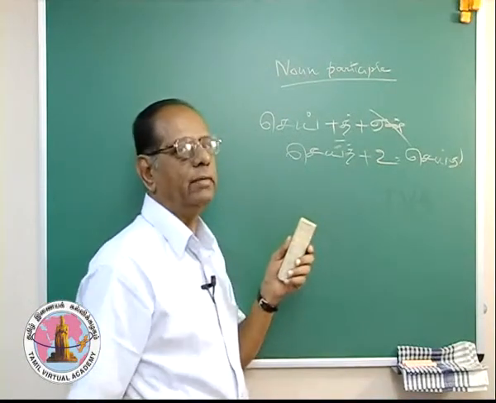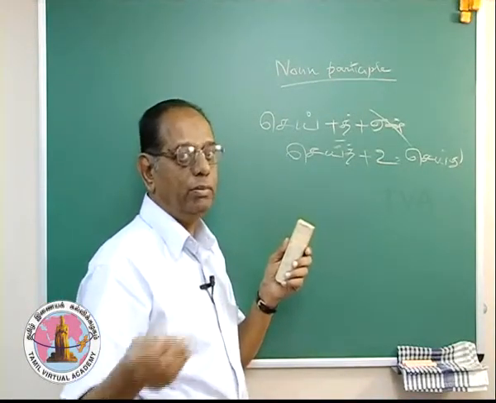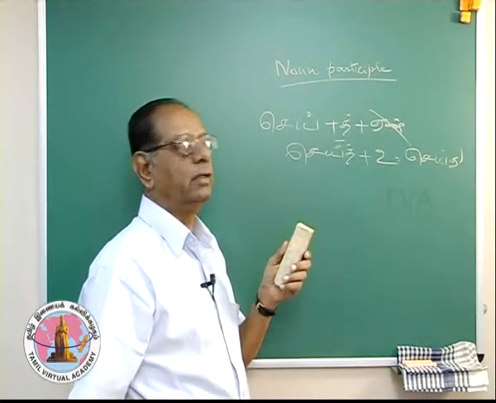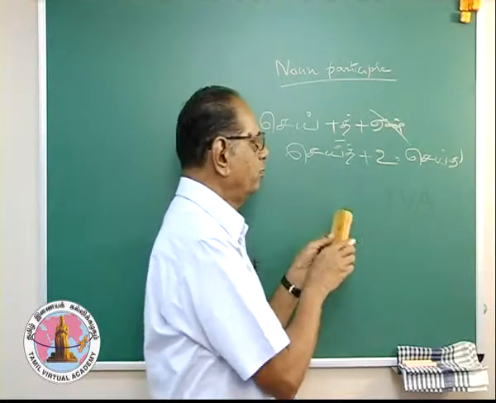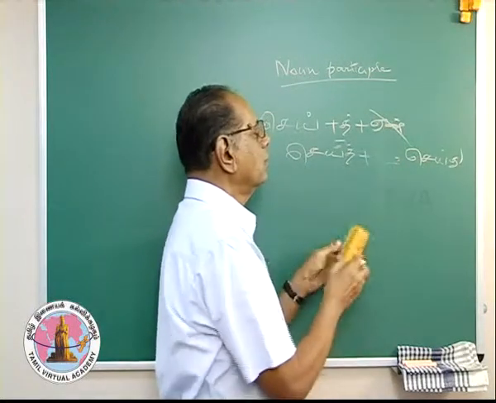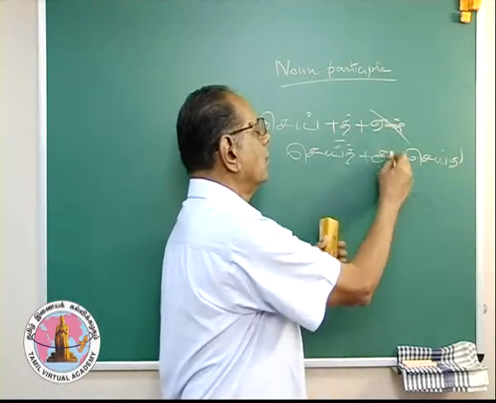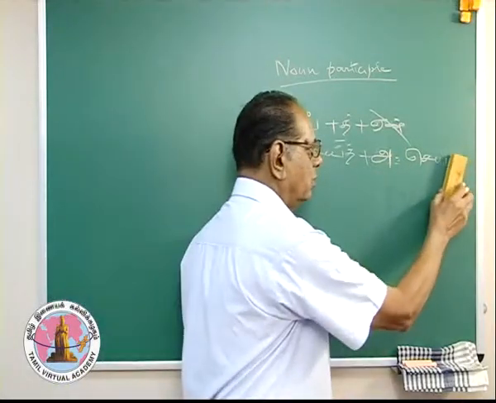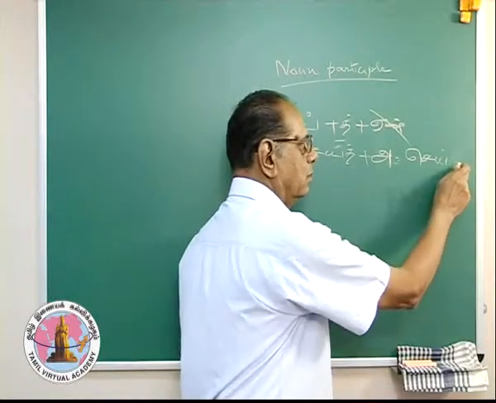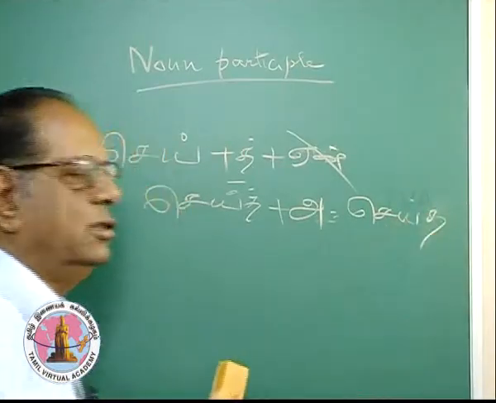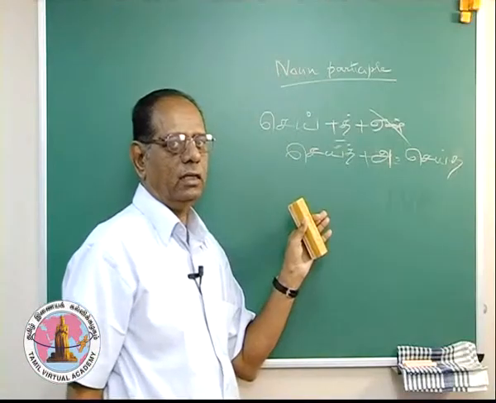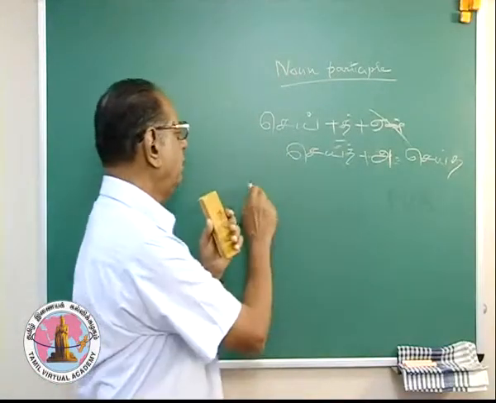Shaydu mudite, Shaydu mudipen, Shaydu mudikire. Instead of u, I add a and this becomes Shayda.